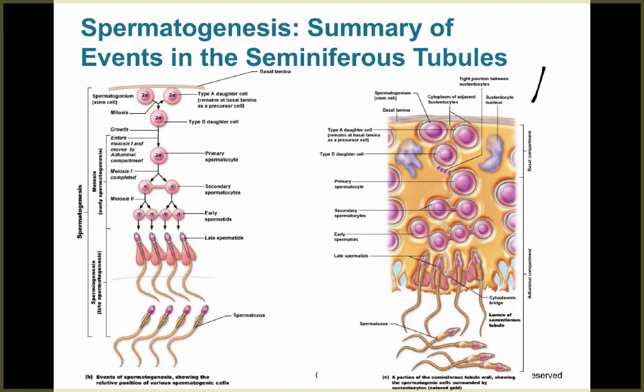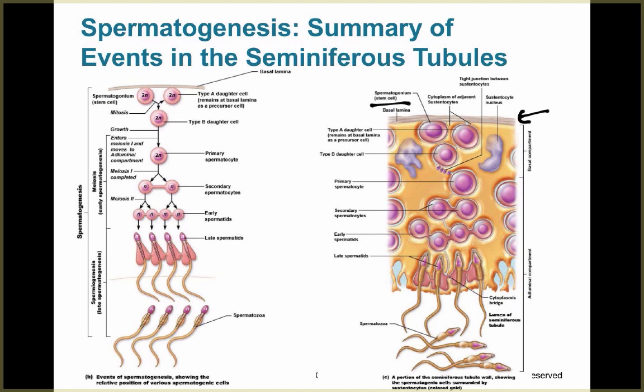So let's look over here. And basically this is the testes, particularly what's happening in the seminiferous tubules. So you'll notice here, right? That is what's called the basal lamina. And attached to that are these things called spermatogonia.